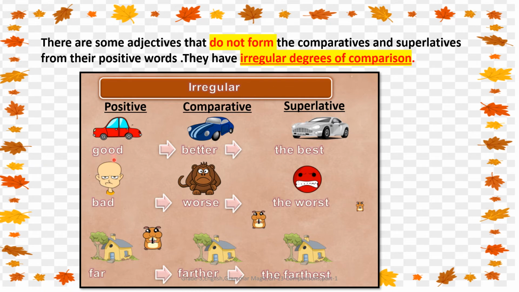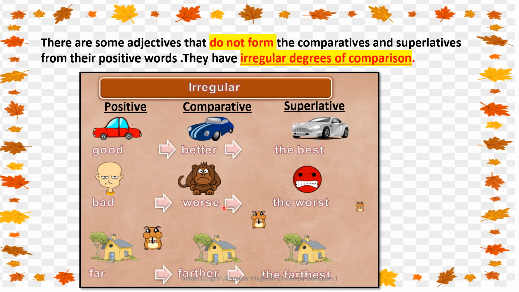For example, good. We will not say gooder, goodest, but we will change the comparative degree. We will use better. When we want to compare good, we use the word better. And for superlative degree, best.